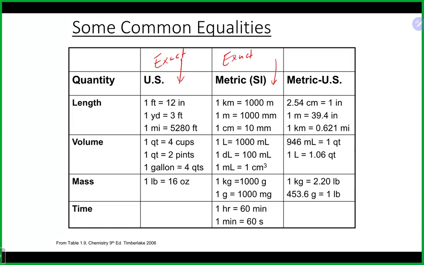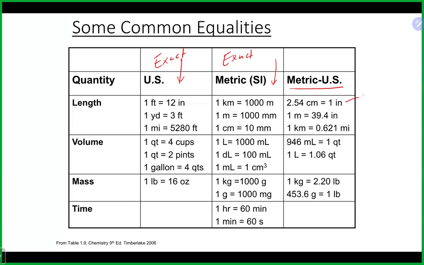The column over here is metric to US, and out of all three of these, this is the only column where, if you go from a metric to English conversion, you have to look at the significant figures in that conversion factor when you're doing a calculation. There are a couple of exceptions.